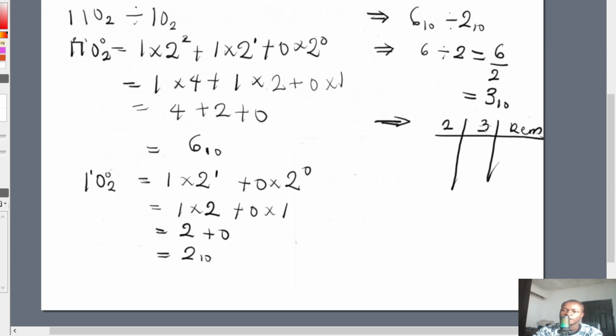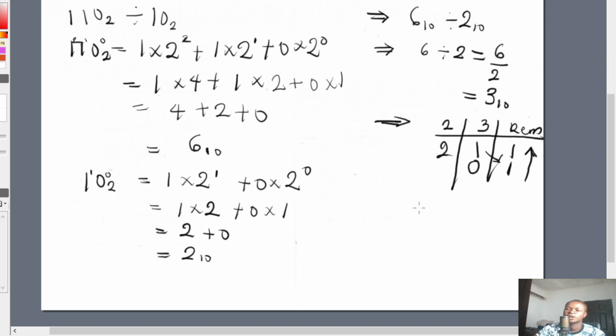So here I'm going to have 2 divided into 3, which is going to give me 1 remainder 1. I will use 2 to continue. Obviously this cannot go, so I have 0, and this one will be transferred here. So obviously I'm going to take my result from downward upward, from what I've explained before.